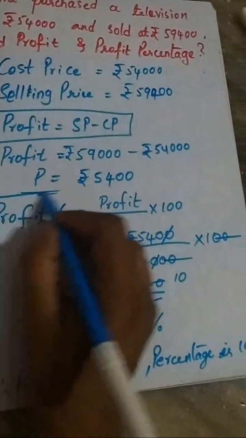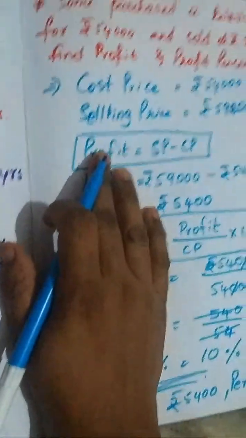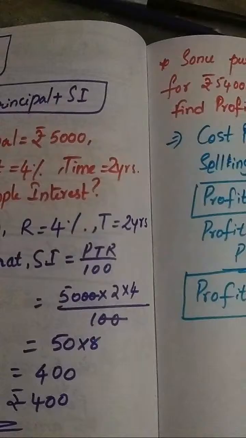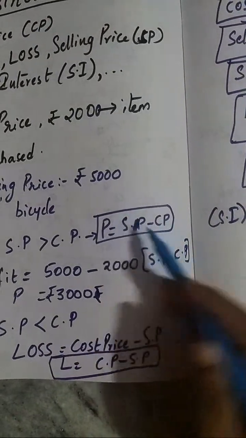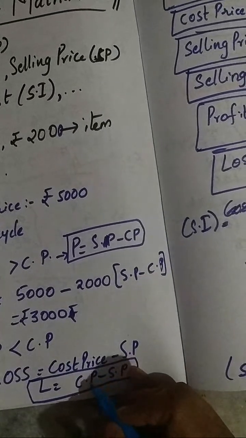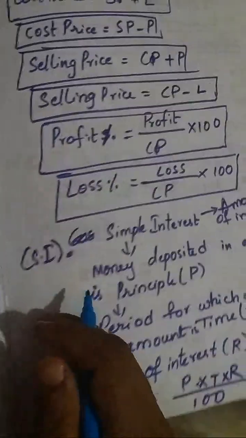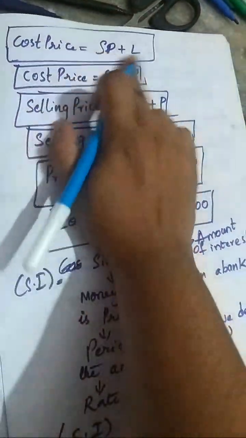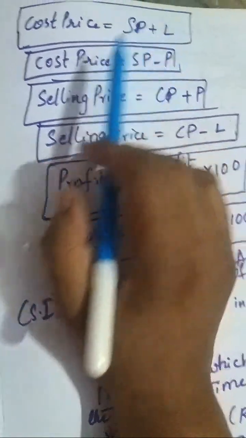Okay, like this we have to do the problems by using the formulas. I have written in the boxes already to show the important formulas, and whenever there is any problem to find simple interest or profit or loss, we have to use these formulas. Please remember these formulas, children. In boxes I have highlighted them to remember. Profit is SP minus CP, loss means CP minus SP. Cost price means SP plus loss, where SP means selling price.